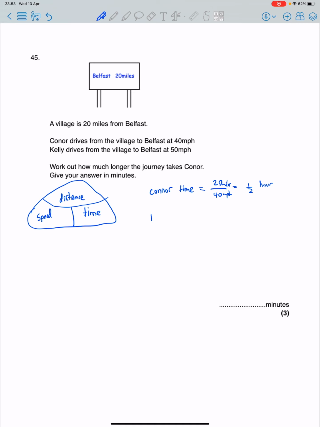And then Kelly time, so Kelly's rushing. So we've got the same distance, which is 20 miles divided by the 50 miles per hour. And that is going to give 2/5 of an hour. So we could convert this into minutes now.